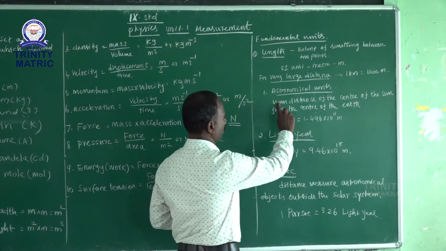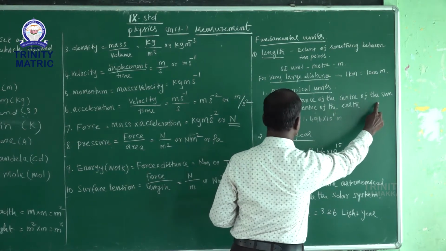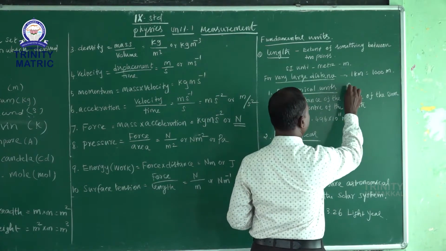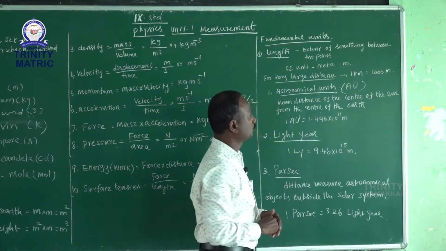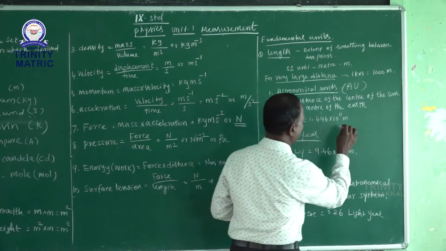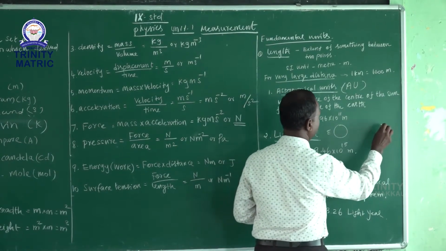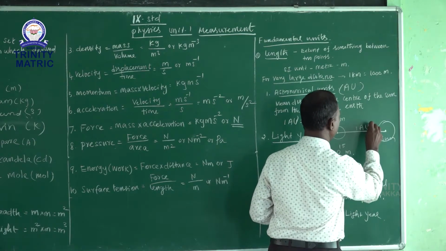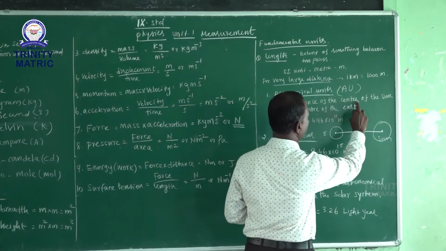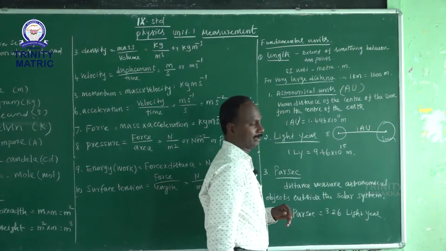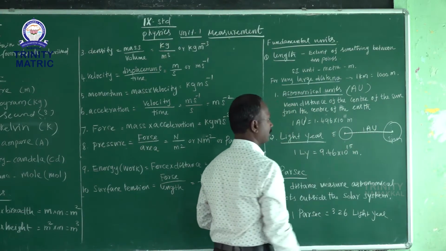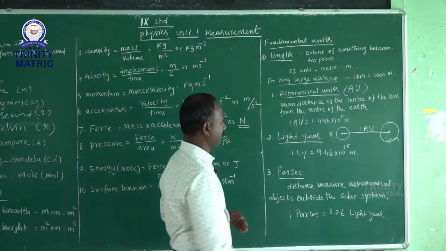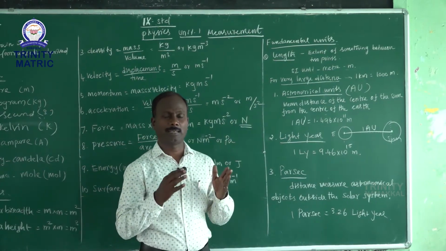That means the mean distance from the center of the sun to the center of the earth is called an astronomical unit, simply expressed as AU. The distance from the center of the earth to the center of the sun is 1.496 into 10 power 11 meter.